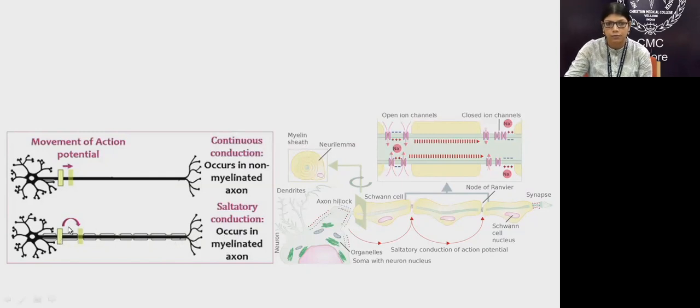That is, the nerve impulses will jump from one node of Ranvier to the other node of Ranvier, and this is a faster way of conduction of the impulses. But in non-myelinated axons, or if the myelin sheath is destroyed, the axons will continue conducting. So that is continuous conduction. It is not that they will not conduct any impulses from the cell body to the terminal part of an axon.